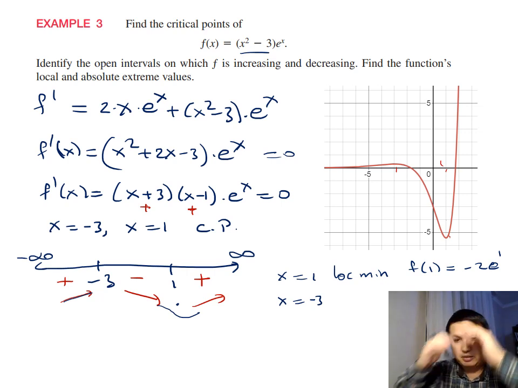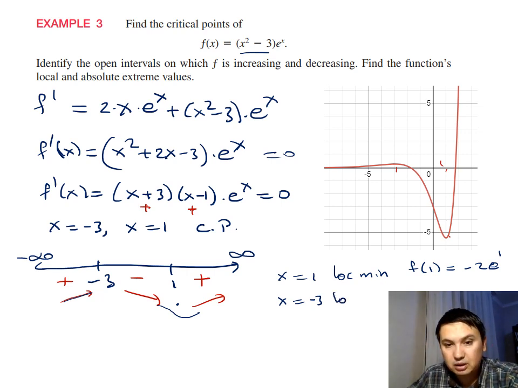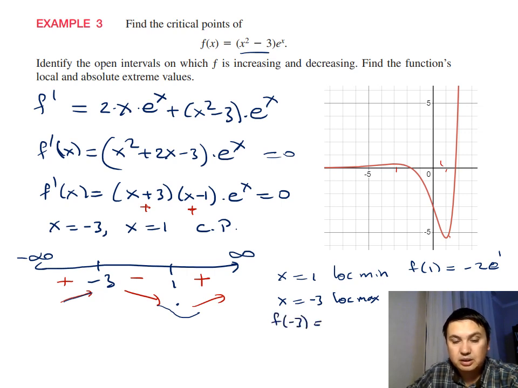So this is the peak, so this is a local maximum. And what is the value? You plug in minus 3: minus 3 squared is 9, minus 3, so this is 6 e to the minus 3. So here we have a local maximum, and here we get a local minimum.